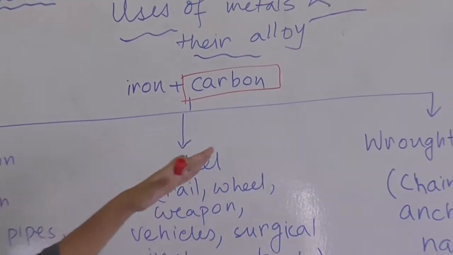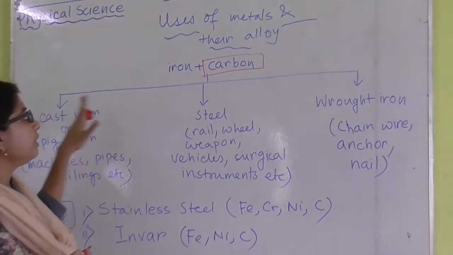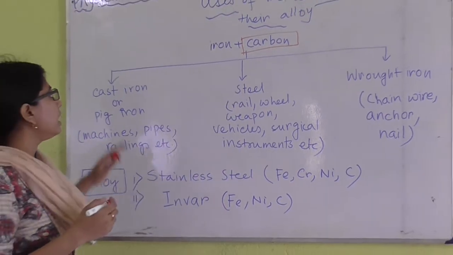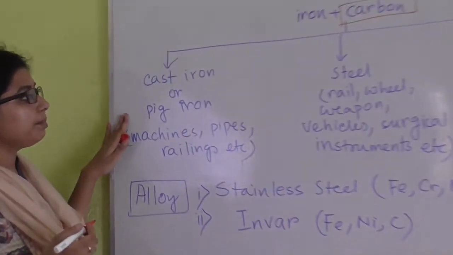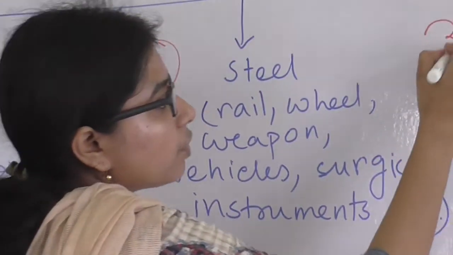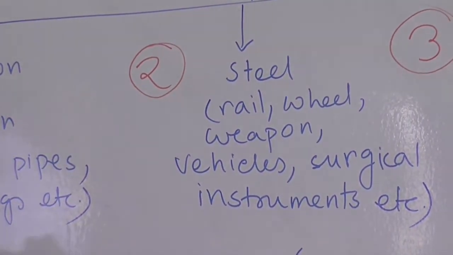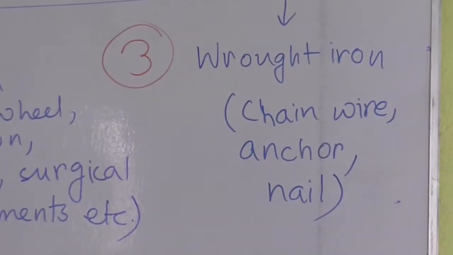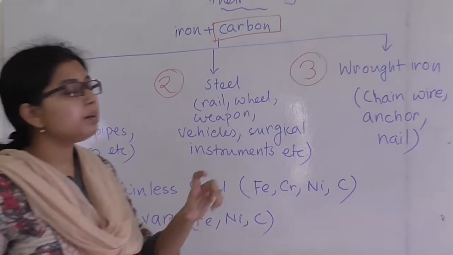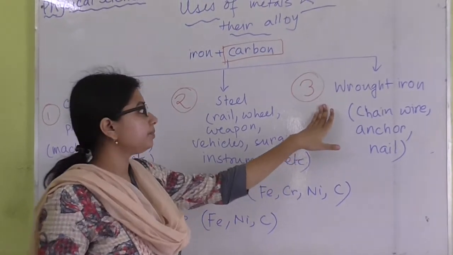So, according to the percentage of carbon, we can classify iron into 3 categories. Number 1 is cast iron or pig iron, number 2 is steel, and number 3 is wrought iron. Okay. So, carbon is present in maximum percentage in the cast iron or pig iron, and in the minimum percentage in the wrought iron. Okay.